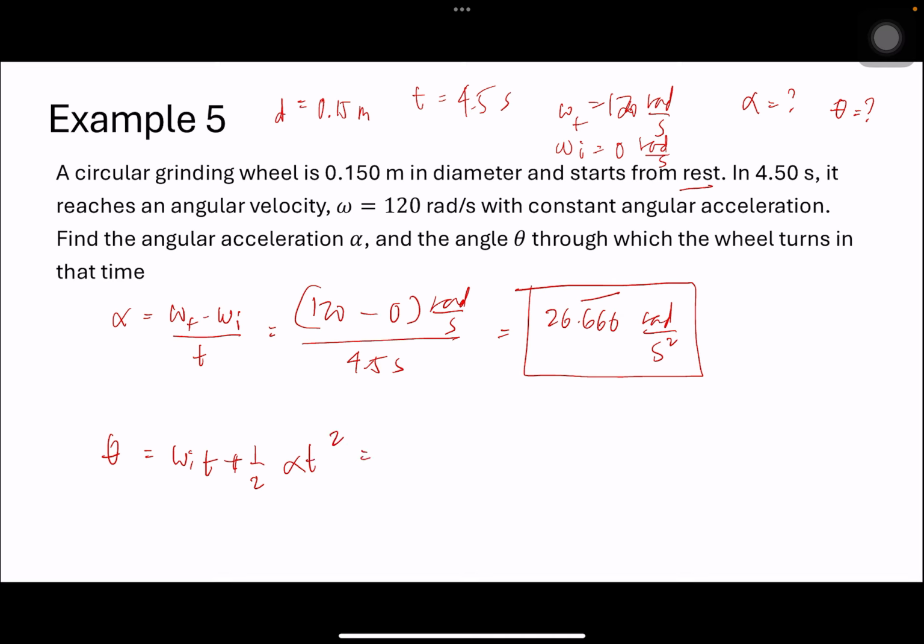We substitute the values using the initial angular velocity, 26.6 repeating, so it will be 26.67 radians per second squared times the time 4.5 seconds plus 1/2, this is the 26.667.